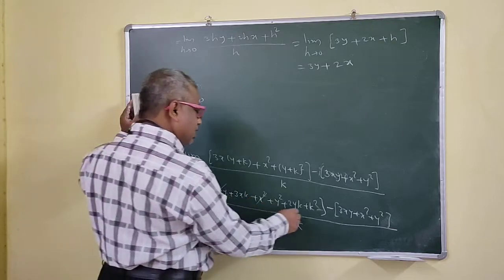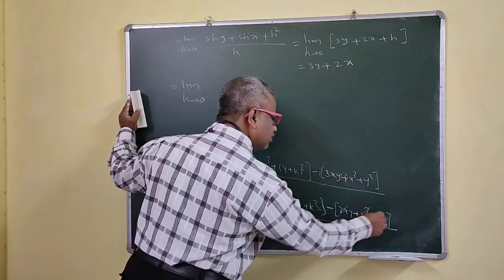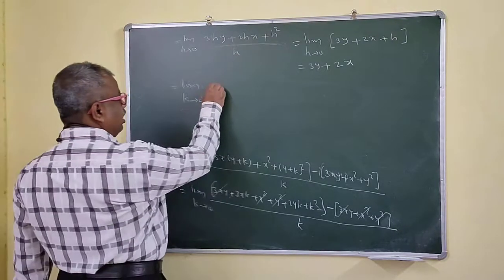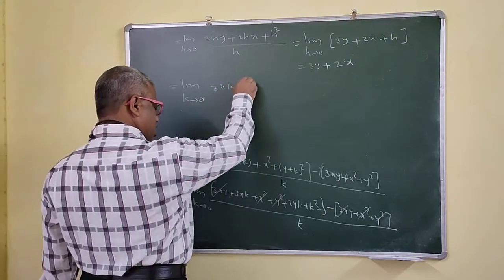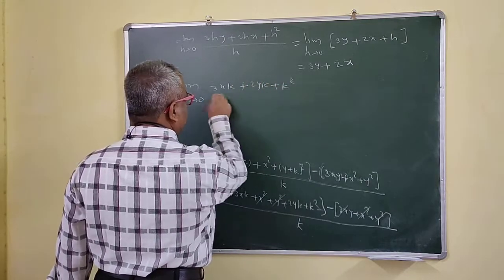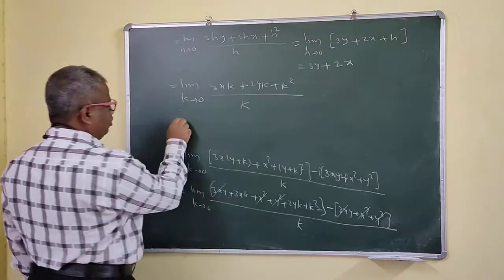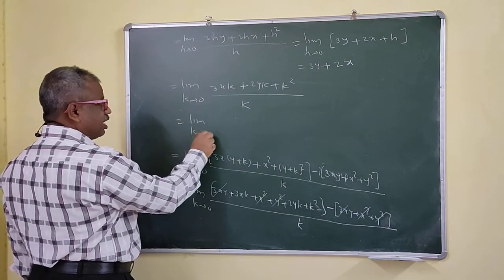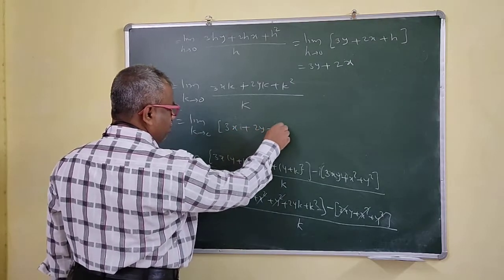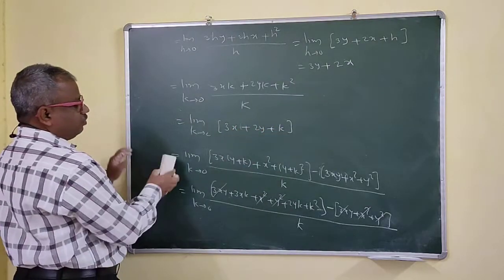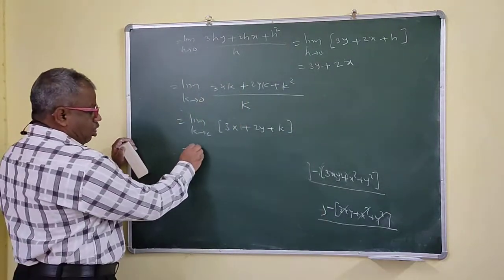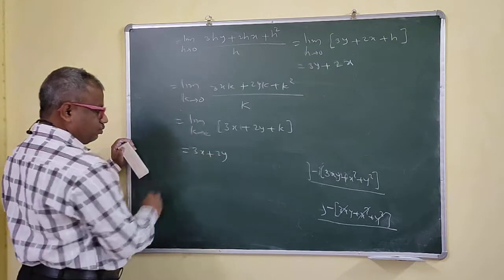This can cancel, this can cancel, this can cancel. The terms not containing k get cancelled. So this is 3xk plus twice yk plus k square upon k. So limit k tends to 0 of 3x plus twice y plus k. So this is 3x plus 2y.